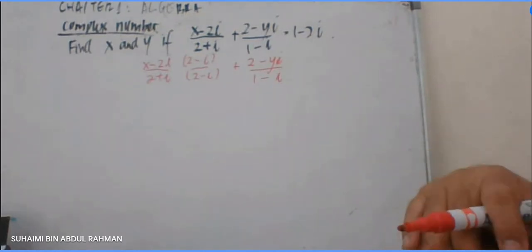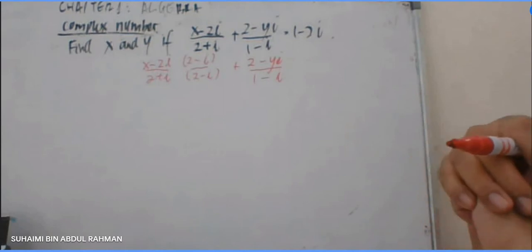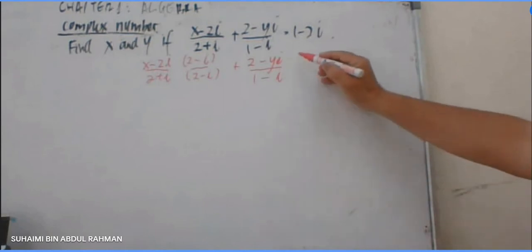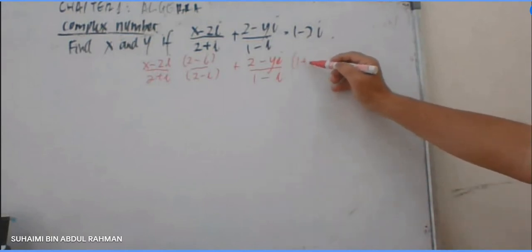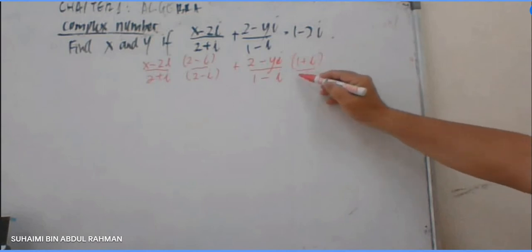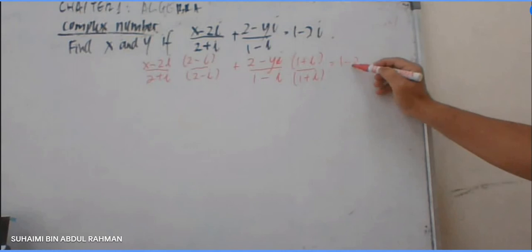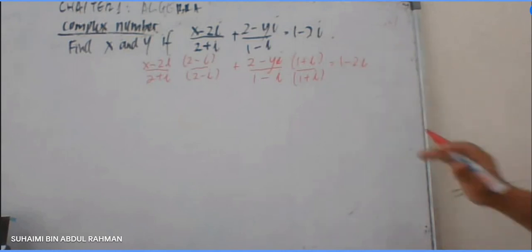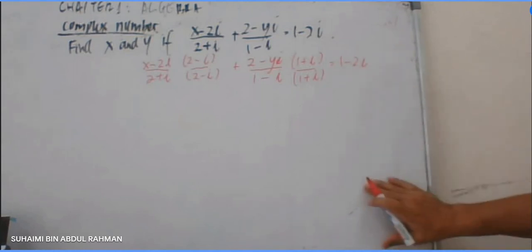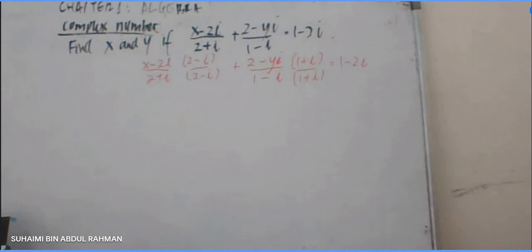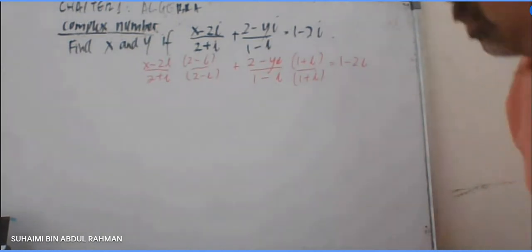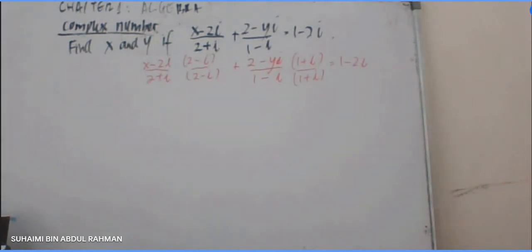Also, we need to multiply by the conjugate, (1 plus i) over (1 plus i), equal to 1 minus 2i.